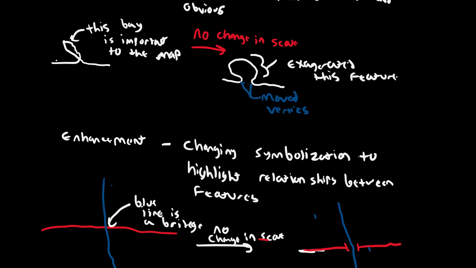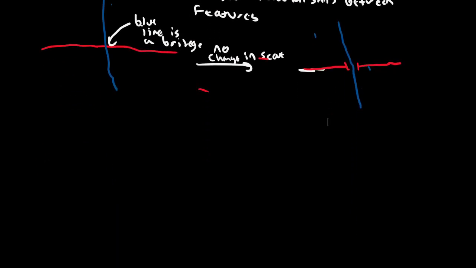So now it's clear symbology wise that the blue line goes on top of the red line. So we haven't changed geometry. We've just used symbology, or symbolization, to highlight this particular interaction here. Okay, so the last thing we can do is what's called displacement.